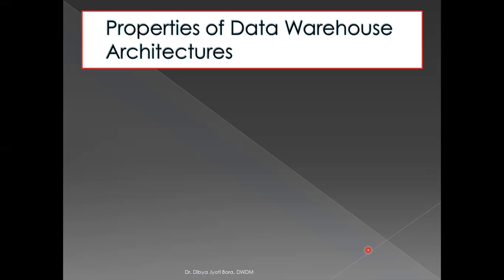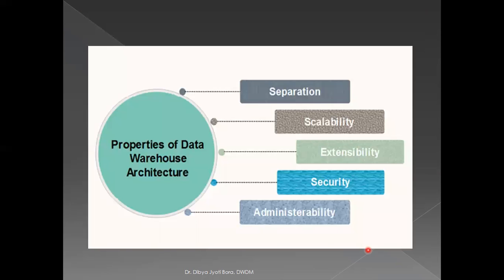Now we have completed this part, that is, different types of data warehouse architecture. Now coming to the properties of data warehouse architecture. Properties of data warehouse architecture means why we are dividing the data warehouse architecture into different types.